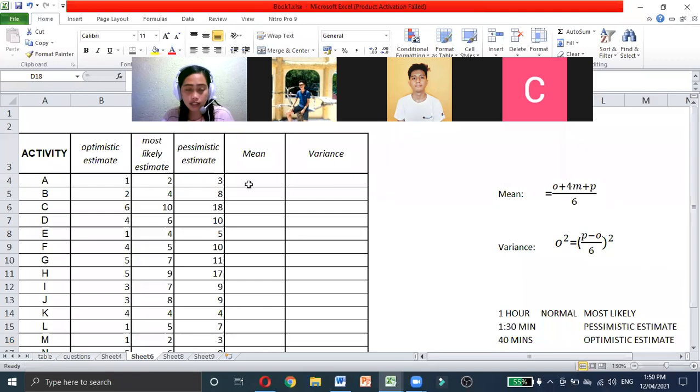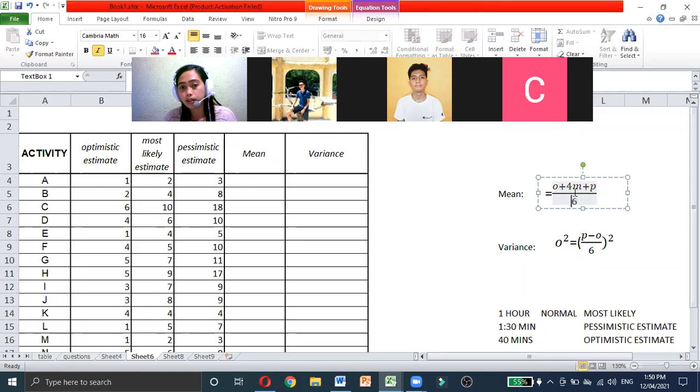Now, in getting the mean, when we do the beta distribution for the probability in doing the standard normal distribution, we will get the mean and the variance. For the mean, the formula is the optimistic plus 4 times the most likely estimate plus the pessimistic, over 6, which is our standard deviation. Remember the bell shape: half of it is 3 and the other half is 3, so our standard deviation is 6.